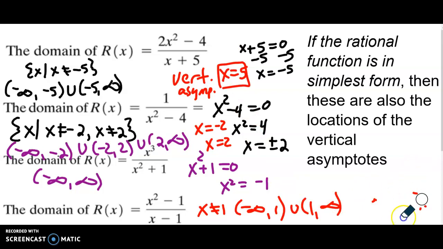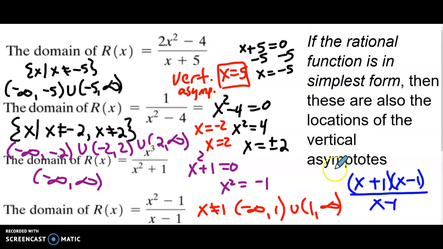What's x squared minus 1, guys? Difference of two squares, right? So I can make this x plus 1 times x minus 1, all over x minus 1. And then I notice the x minus 1's cancel. The simplified version of this is just x plus 1.